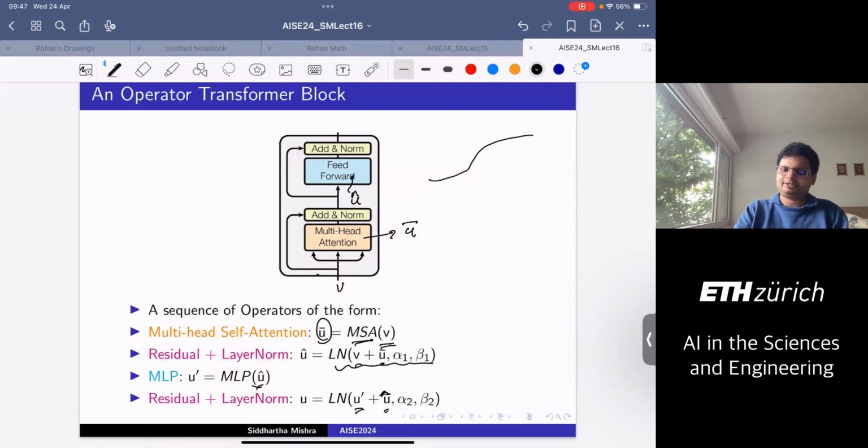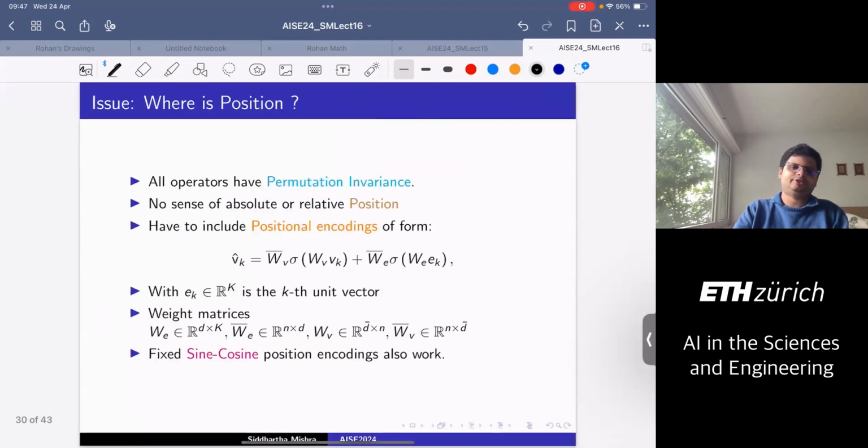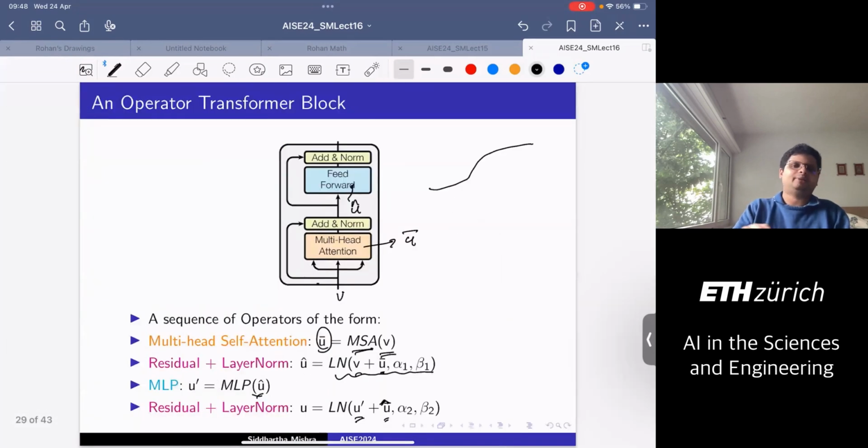But there is a slight twist here. Remember that, and this is the last point that I'll mention, and then in the next lecture we'll continue with transformers. All these objects are permutation invariant, right? Because there is no notion of space here. So for instance, in self-attention, I could have reordered things whatever way.